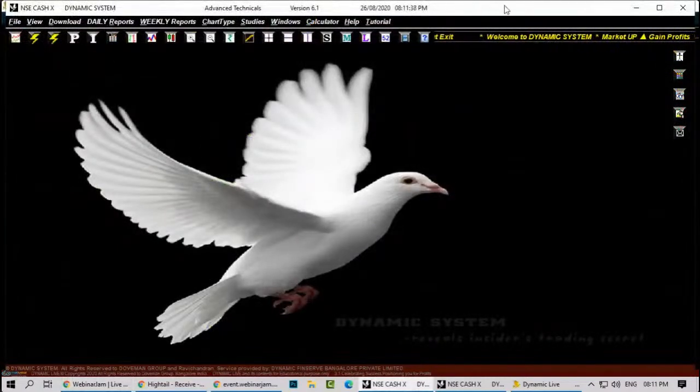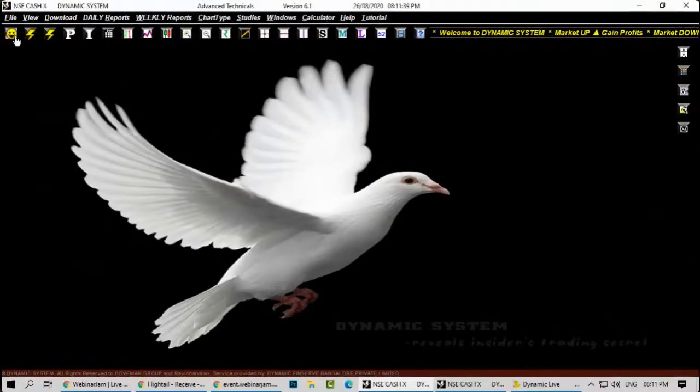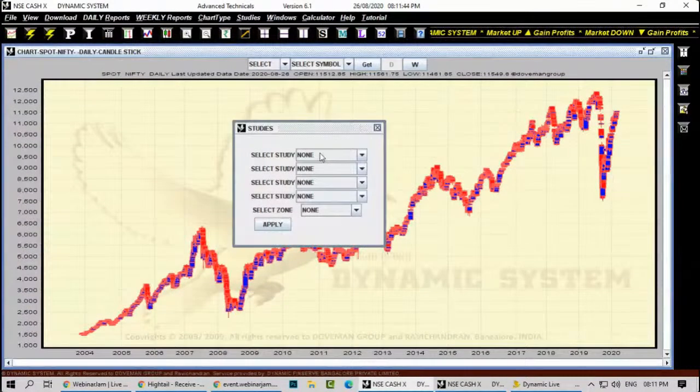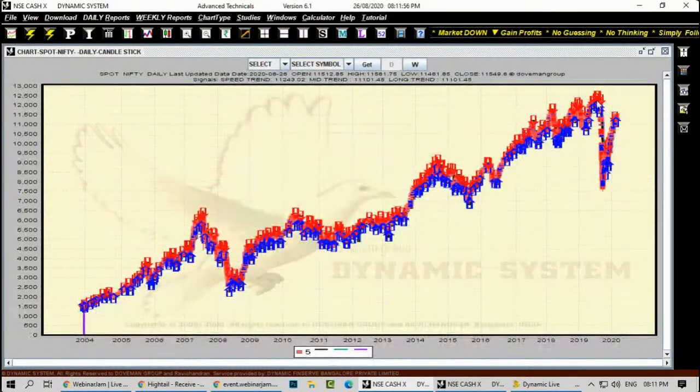Now for us to check the dynamic system, first let me open the chart as well as the detailed report. So this is the chart of Nifty, daily chart. Let me add all the three major studies. Let us zoom in.